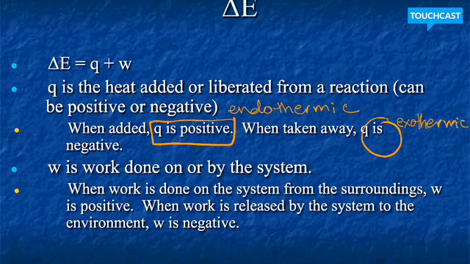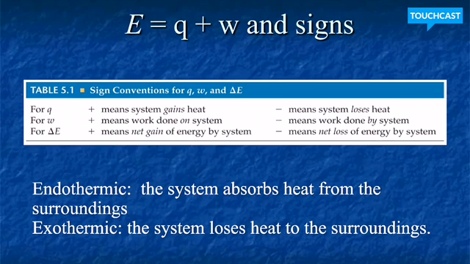But when work is released by the system, in other words, the work is being transferred from the system to the surroundings, well then the W value would become negative. So the overall value of the energy of the system is sometimes given the symbol of E. And this E for us is going to include both heat and work.